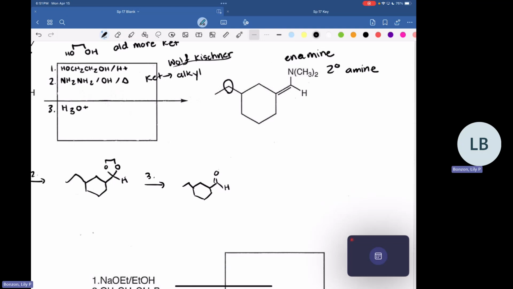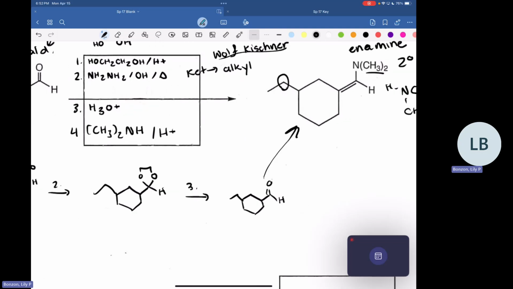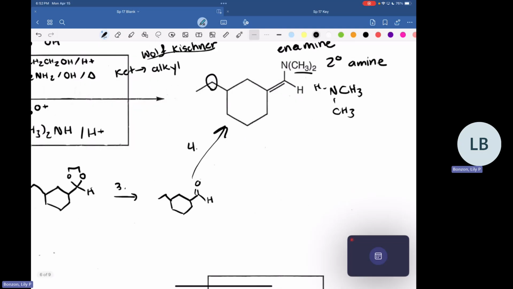We just have these 2 methyl groups on there. So the amine that we're going to use is just going to be this amine right here. We've got (CH3)2NH, and then this one has H+ as well. And so that's going to form the enamine structure from the aldehyde.